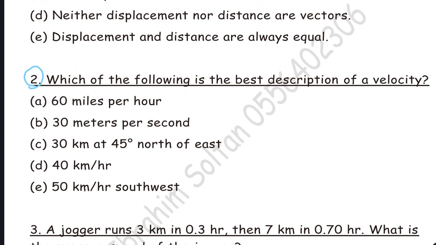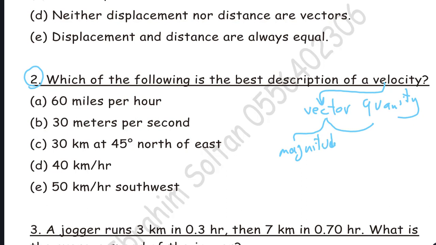Number 2, which of the following is the best description for velocity? Keep in mind that velocity is a vector quantity, and any vector quantity has both magnitude and direction, plus a unit.